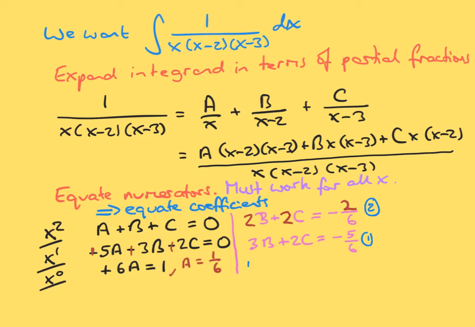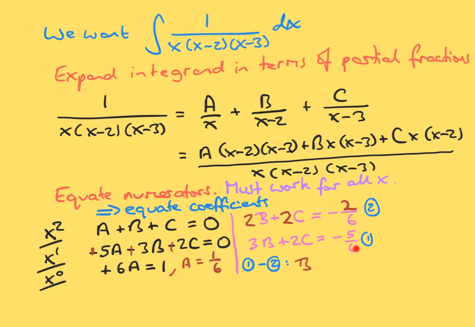So equation 1 minus equation 2 is going to give us the following: 3b minus 2b, so that's going to give us b. And the c's are going to cancel, 2c minus 2c. That's why we multiplied this equation by 2, to get that cancellation.